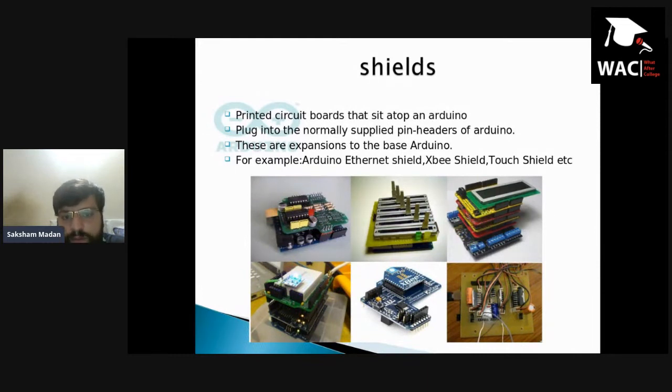If you can see the fifth image over here, Zigbee is basically a Wi-Fi based module that is used for communication systems. We have an LCD in the third image, and we have a counter in the third image. So basically it's a kind of plug and play expansion to an Arduino.